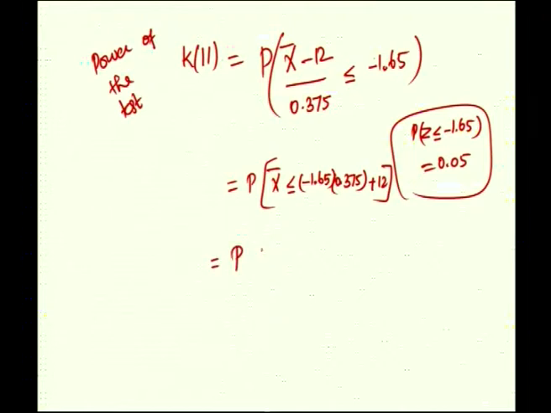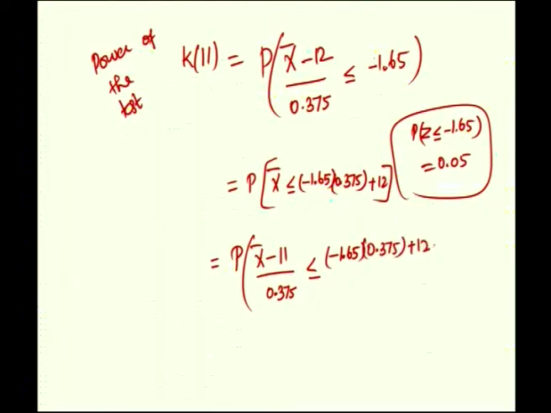Then P of x bar minus 11, because you want the power of the test corresponding to mu value 11, divided by 0.375 will be minus 1.65 into 0.375 plus 12 minus 11 divided by 0.375.